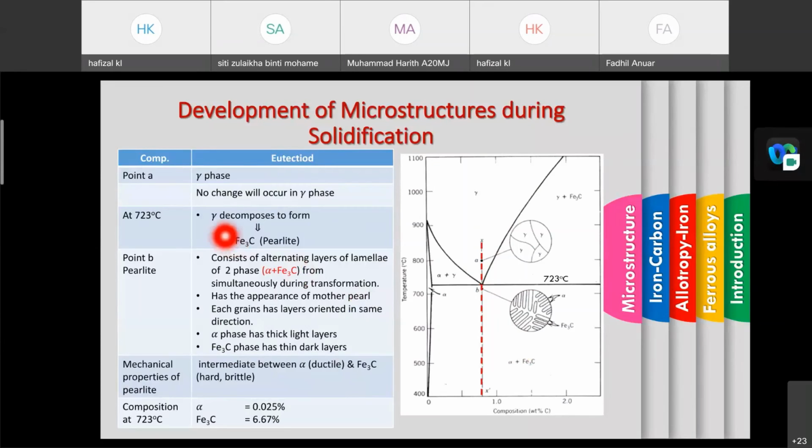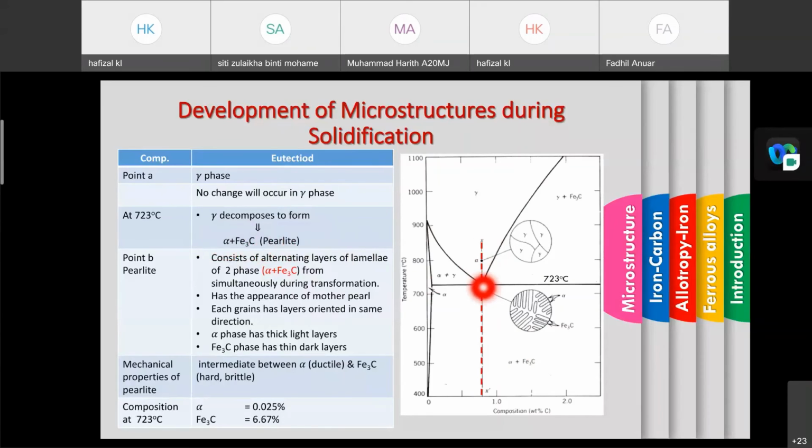So the gamma will decompose and finally become pearlite. In terms of the term here, alpha plus cementite is pearlite. The transformation takes place at this eutectoid line here.